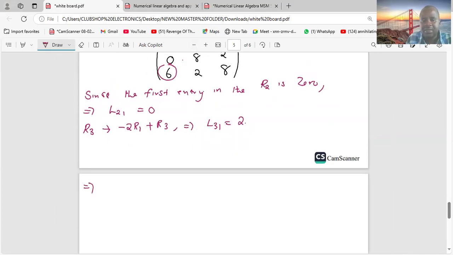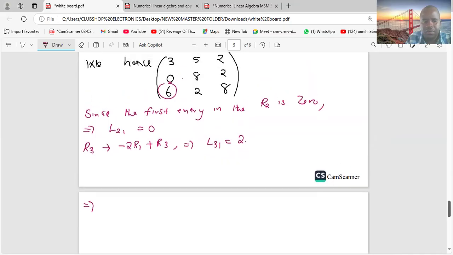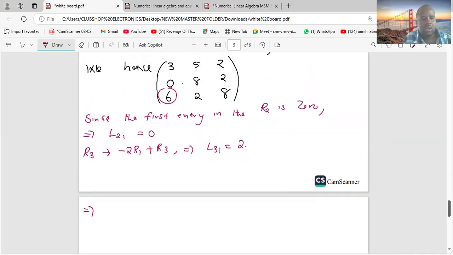This implies that we'll have 3, 5, 2, 0, 8, 2. Then when you multiply negative 2 by 3, that is negative 6 plus 6, we get 0. Okay.